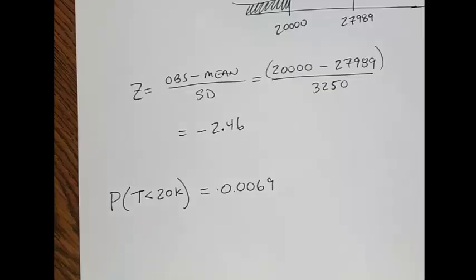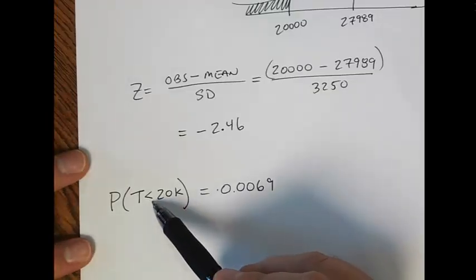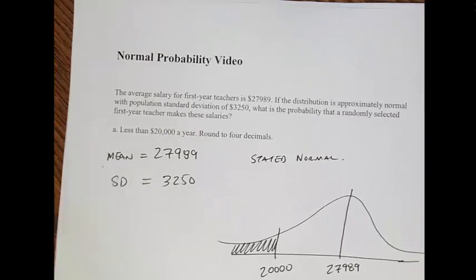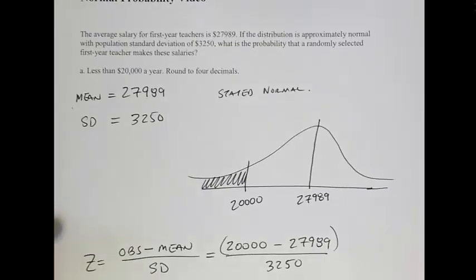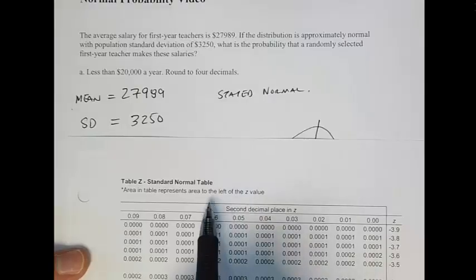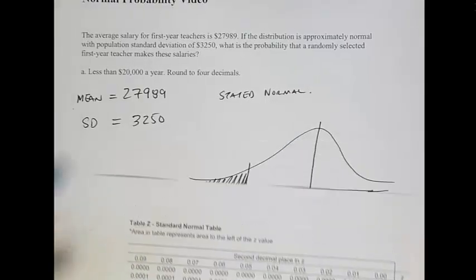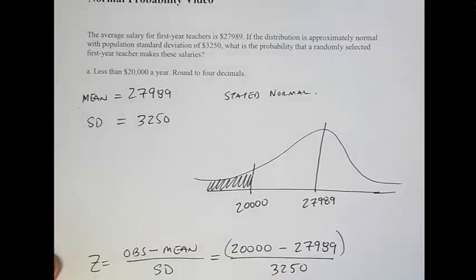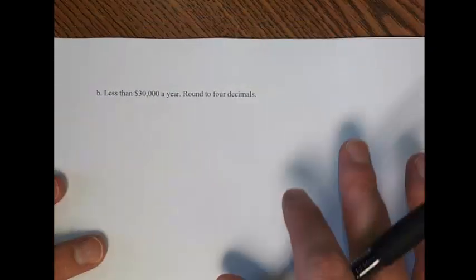So whether it's less than or equal to, or greater than or equal to, we never really put the equal sign, just so you know. Also, look those values directly up when you have a left probability because the Z table is areas to the left. If I need to look up an area to the right, I need to subtract from 1, but not in this case.